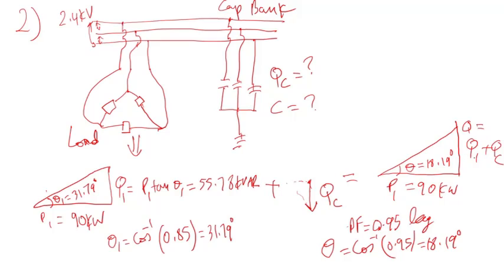So I have P1 is known, I have theta known. I can calculate the total Q using the power triangle. If I just redraw, it's a right angle here. I have P1 equal to 90 kilowatts, and I have total Q with the corrected power equal to Q1 plus QC. QC is the capacitor bank, and I calculated this theta to be 18.19 degrees.